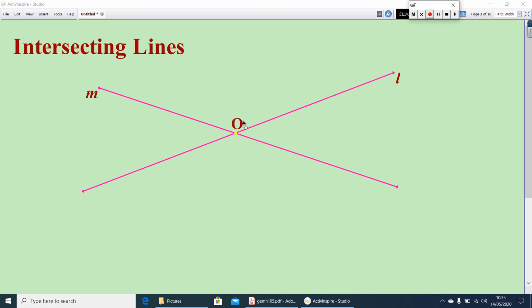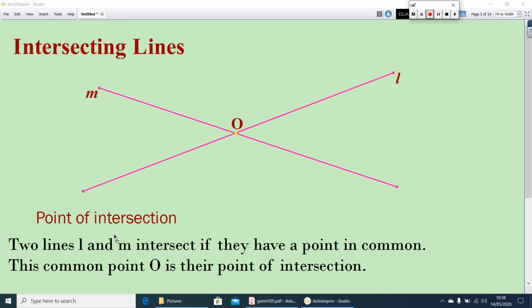So this O has a name. It is called the point of intersection. So here O is the point of intersection. We can define it as: two lines L and M intersect if they have a point in common.